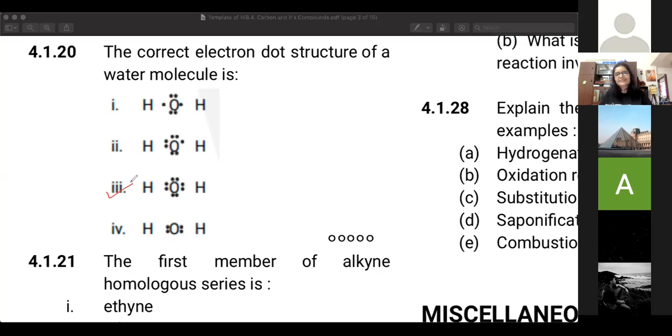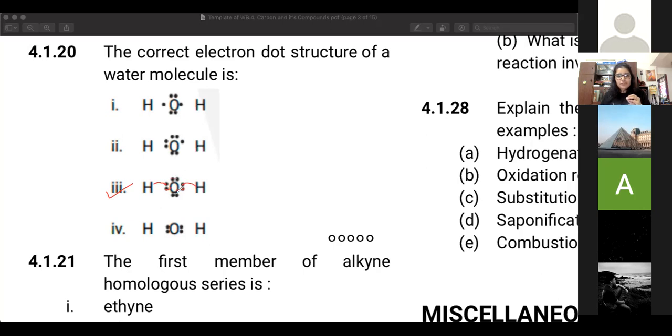Rishita, what happened? So 6 electrons from oxygen and 1 each from hydrogen. These two are shared pairs of electrons, right? In both of these, 1 is coming from hydrogen, 1 is coming from oxygen. Same thing here also.